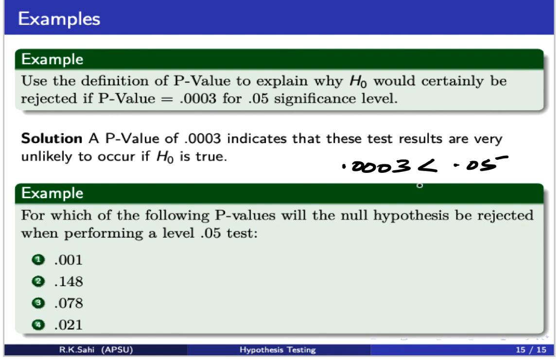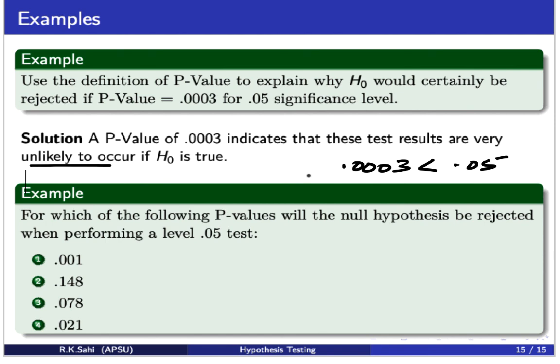And what we just learned is that if the p-value is strictly less than the significance level, that means these test results are very unlikely to occur if the null hypothesis is true. And hence, we reject the null hypothesis. Because remember, anything which is unlikely to occur raises a question in our brains.